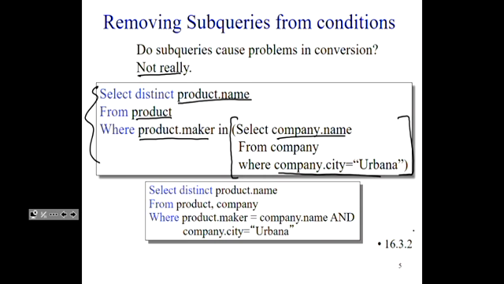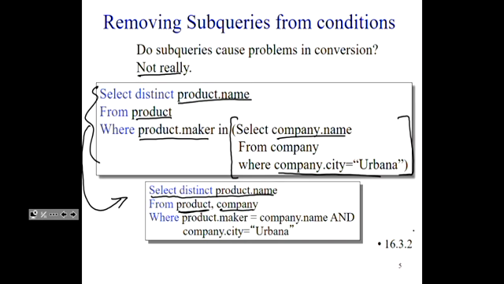And so one way to replace this with another SQL expression would be to represent it as select distinct product.name. So once again, the same select clause. And instead of simply doing from the product table, I'm going to do a join between the product and the company table.